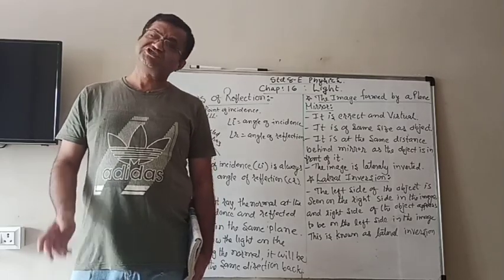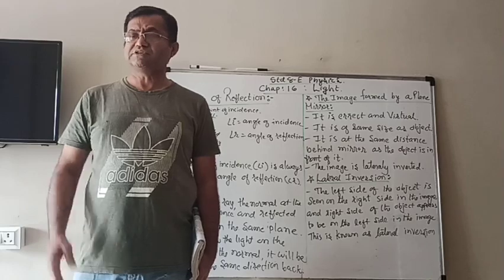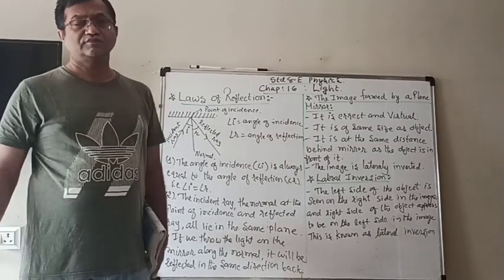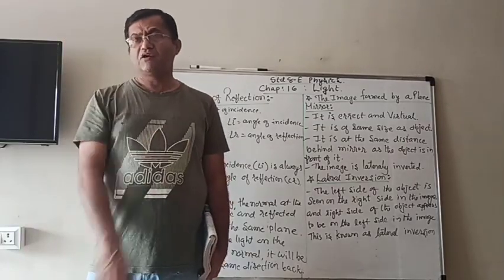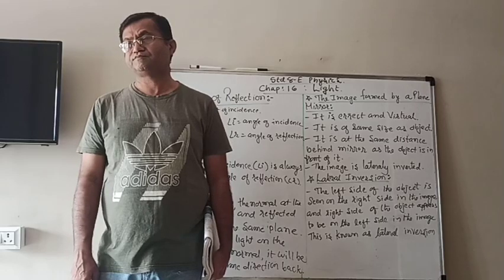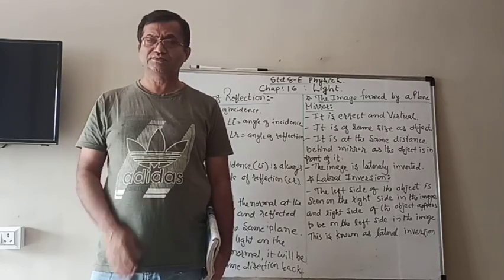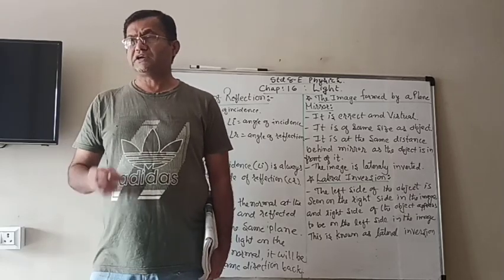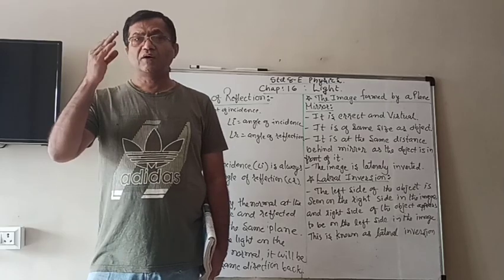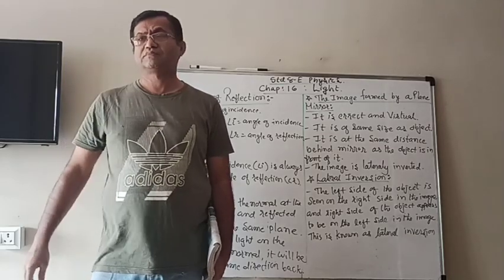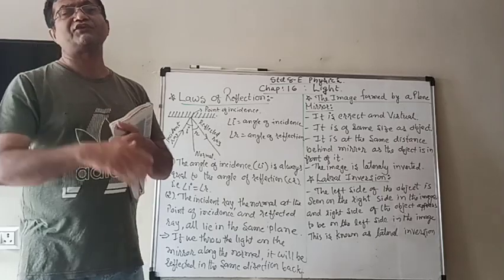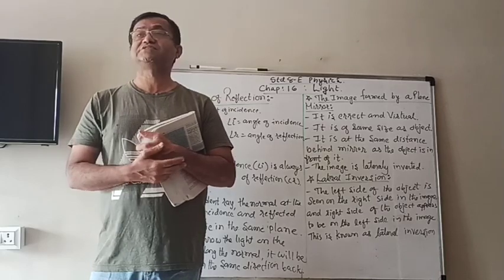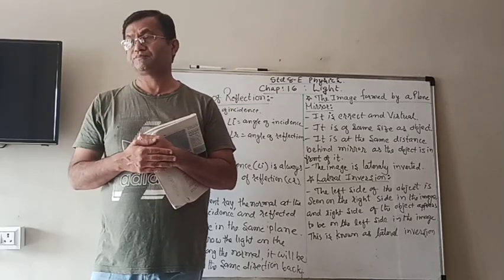Then change the direction, meaning change the angle of incidence here, and again find the reflected ray and the angle of reflection. In this way you can change the angle of incidence two to three times, and each time measure the angle of reflection and find out what the situation is.